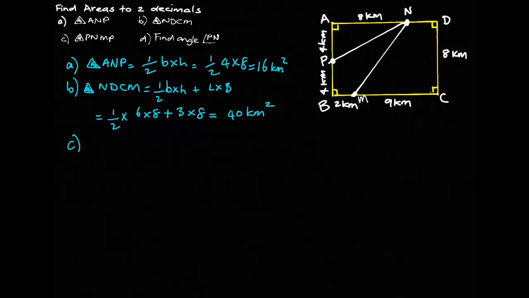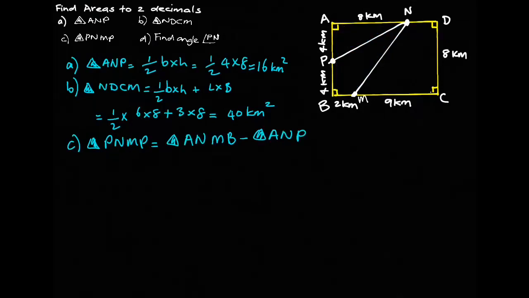Okay, let's look at part C. So now we're looking for area PNMB, which is this area. But we can recognise that it's actually this area minus the area we've already found out, ANP.